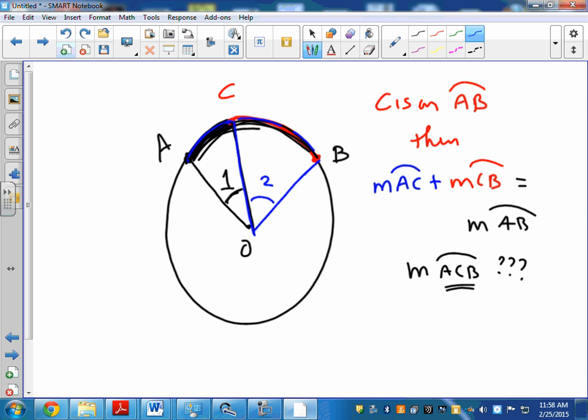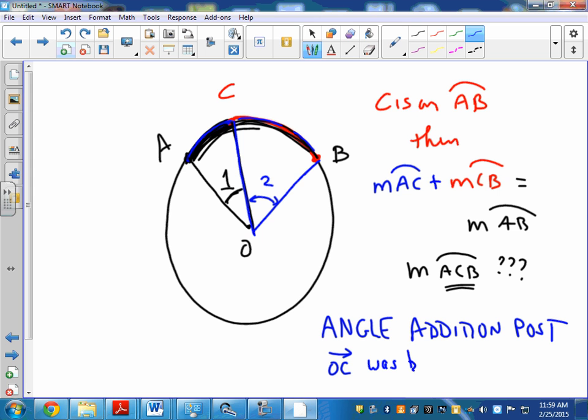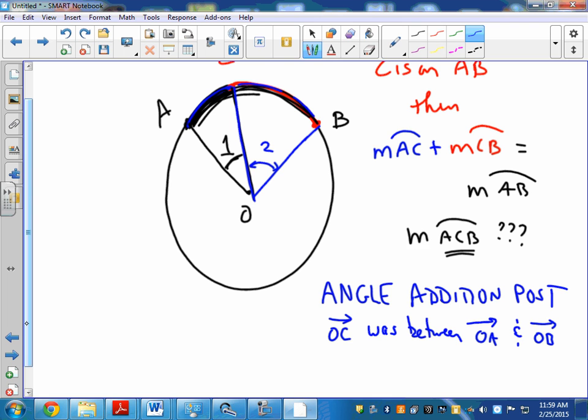And by the angle addition postulate, you might want to go back in your text, it said that if ray OC was between ray OA and ray OB, then we could actually add the angles up, right?